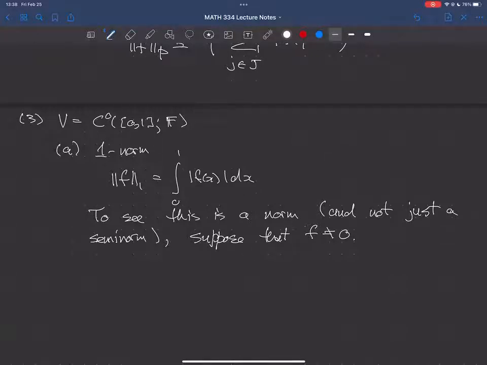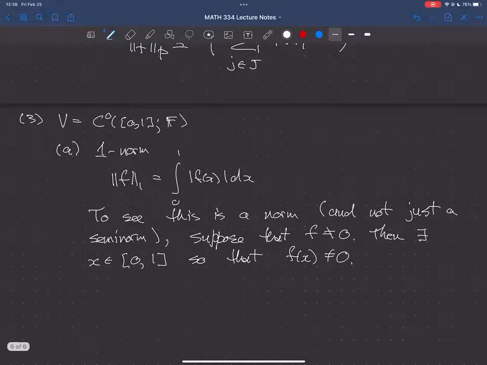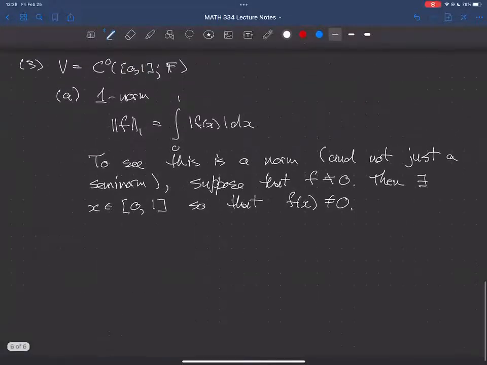All right, so what that means necessarily is that there's some x in [0, 1] so that f of x is not equal to 0. Okay, and so that's where you get to. And so let me complete the proof by just a sketch.